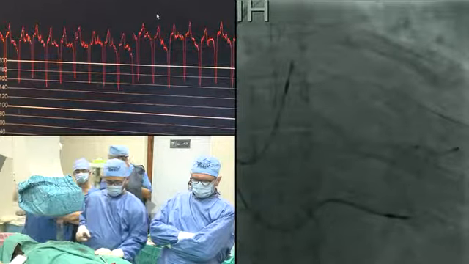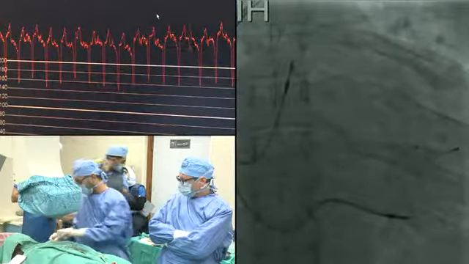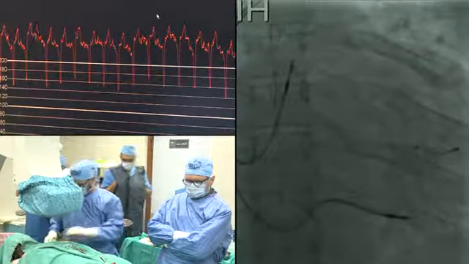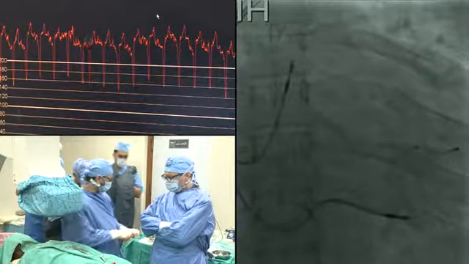Okay. Now the leads are already fixed. We will start to connect the lead with the battery.